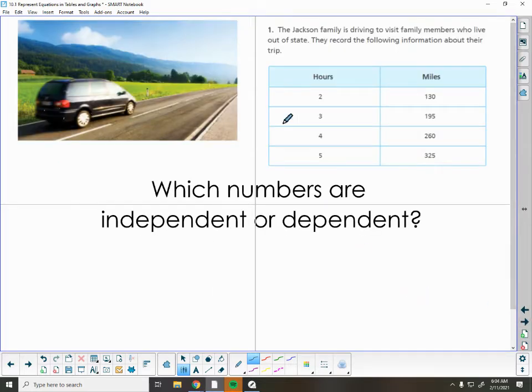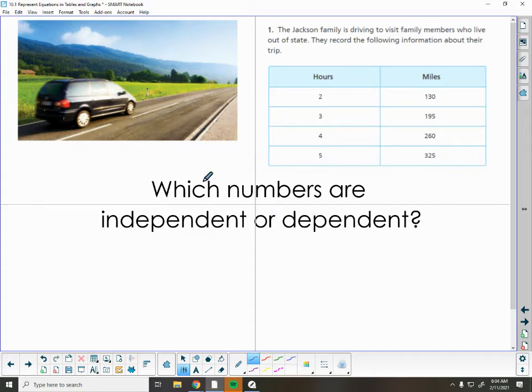So let's take a look here. And so this tells us that the Jackson family is driving to visit family members who live out of state. They record the following information about their trip. So we can see in 2 hours, they drove 130 miles. In 3 hours, they drove 195, 4 hours, 260, 5 hours, 325 miles.